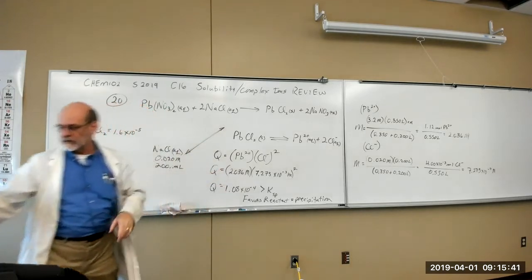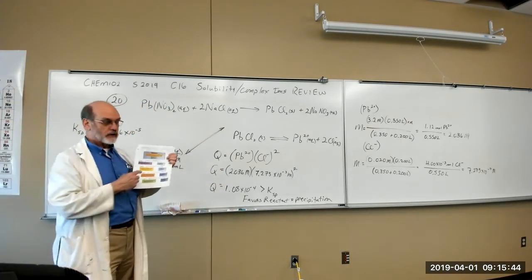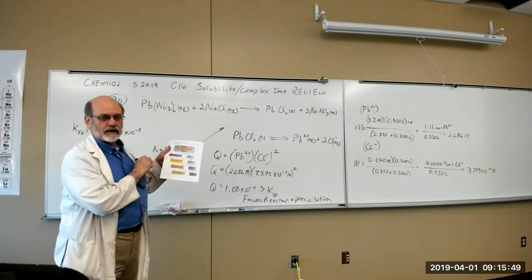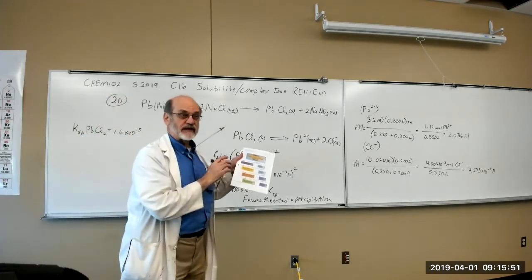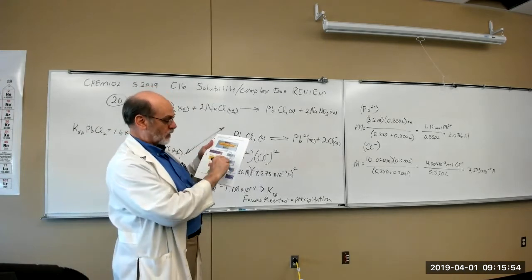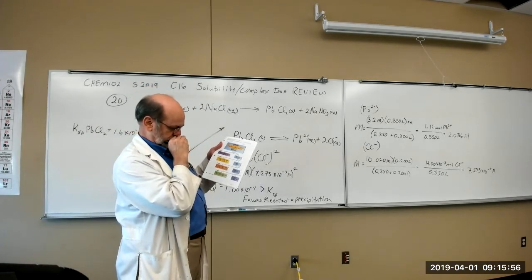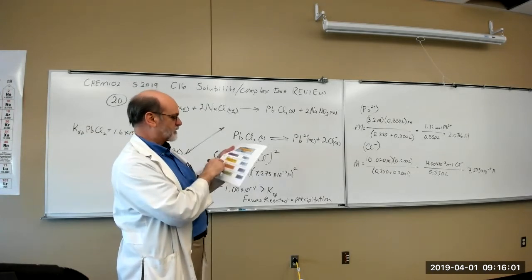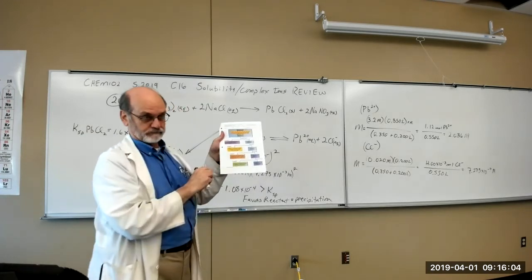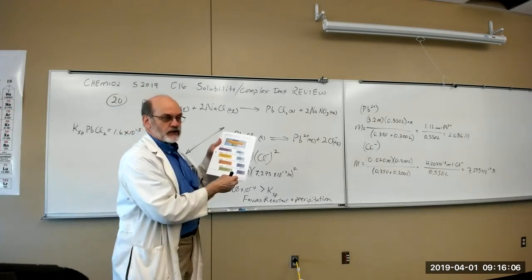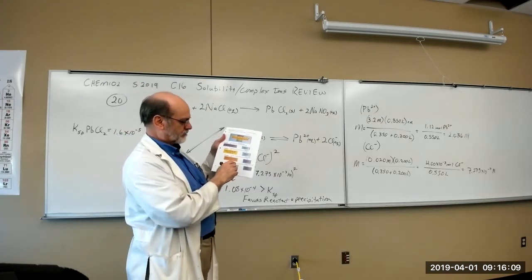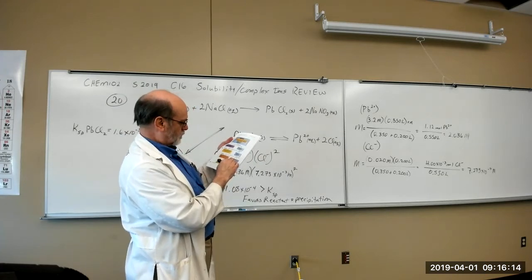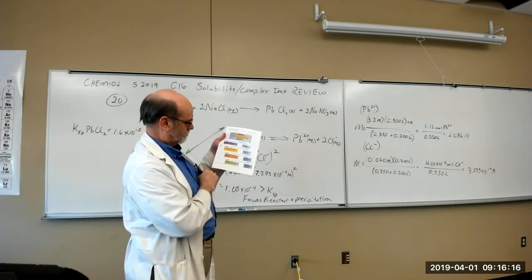But if you're going to use this stepwise procedure, you want to use the acid because the next step requires that H2S be in an acidic solution to precipitate group 2. Then you add a base, then you can precipitate group 3.